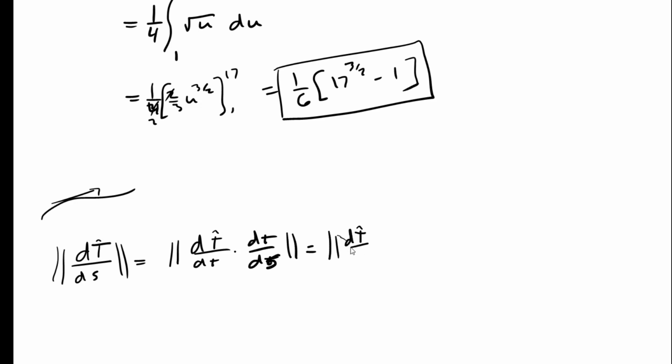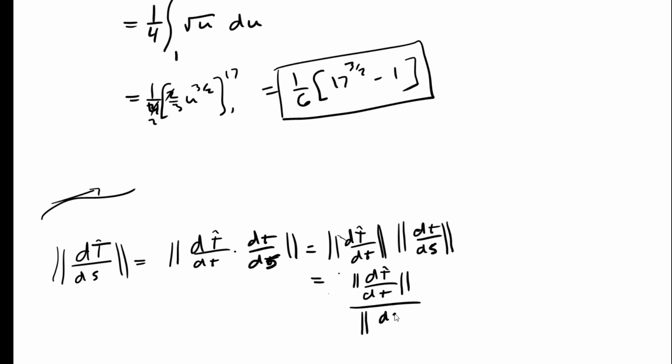So we just use this times dt/ds, and we use that this is the same as 1 over norm of ds/dt.